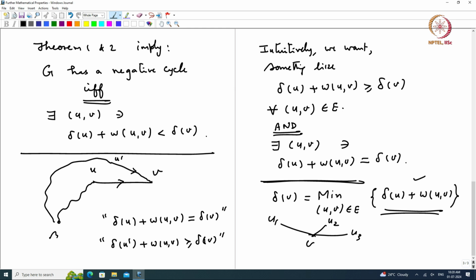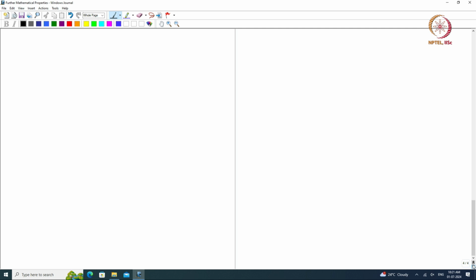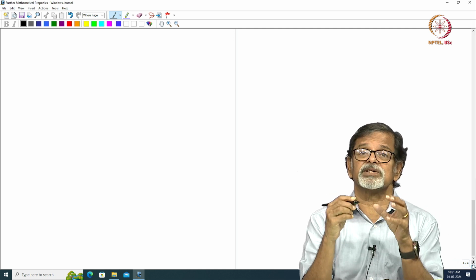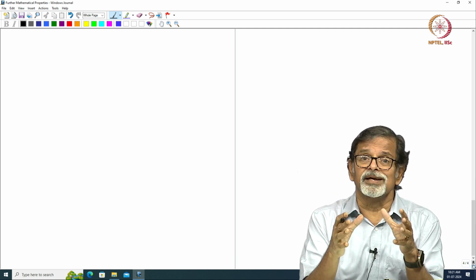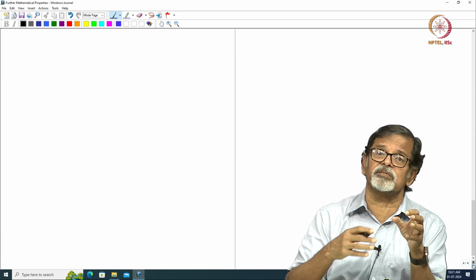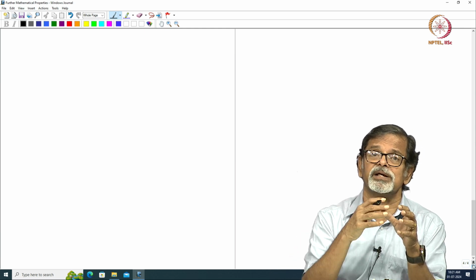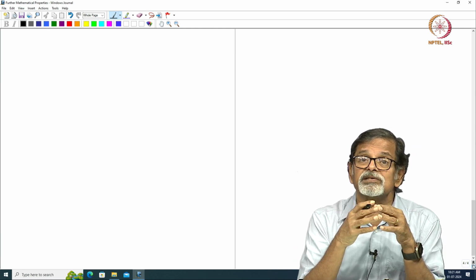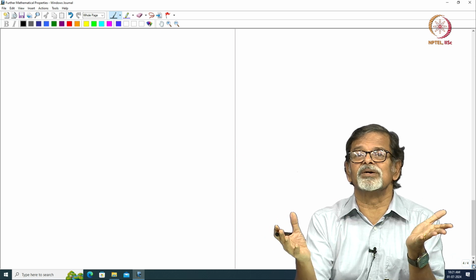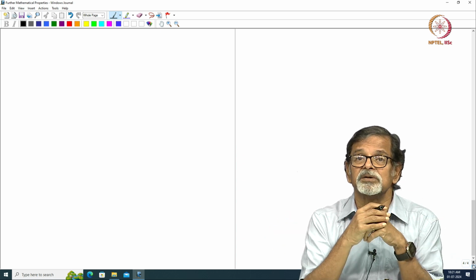Therefore, we are going to work only with graphs that do not have negative cycles. If G has a negative cycle, then even if I have the information about all the shortest paths to the neighbors, that is not enough to find the shortest path to v.